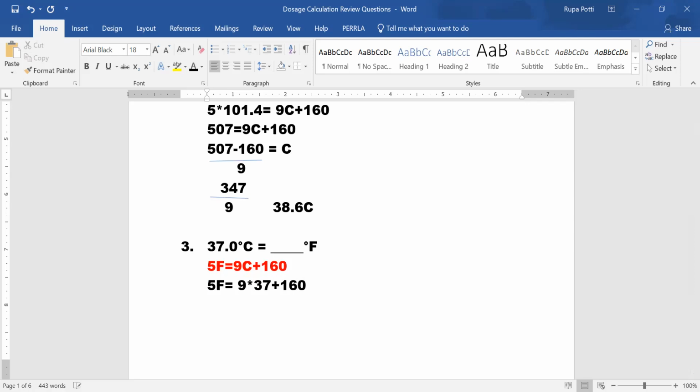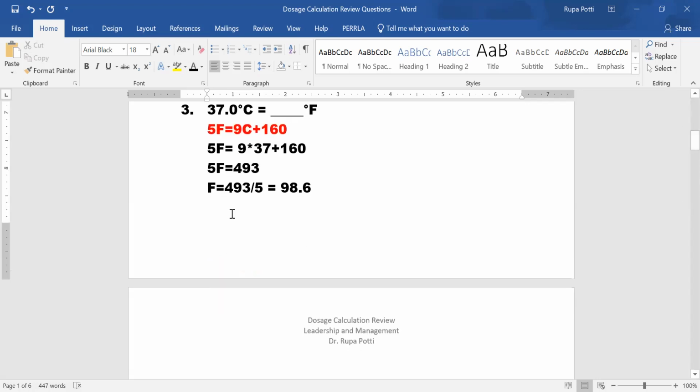Right? So that is equal to 5F is equal to 493. So my F is equal to 493 divided by 5, right? So that is equal to 98.6.